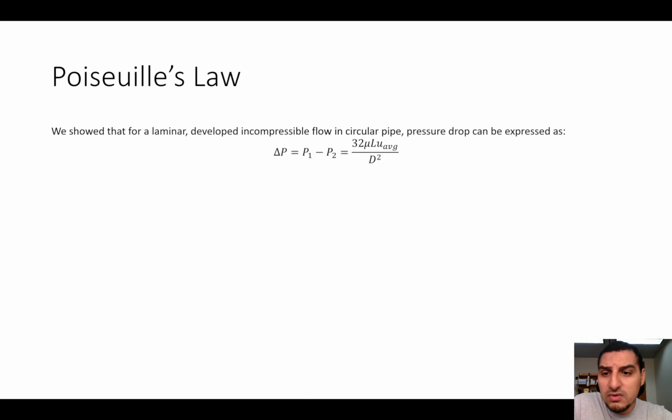So we know that this is the pressure drop equation, and if we rearrange this equation one more time, we go back to the original shape of the equation, but instead of having it as dp by dx, we put it as delta p over L. And this is the equation.